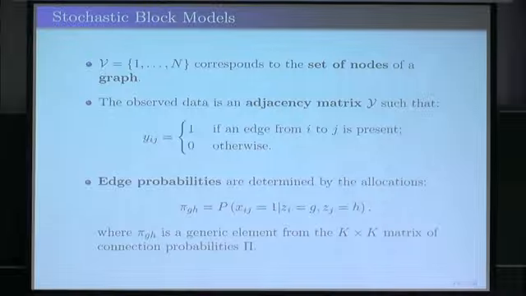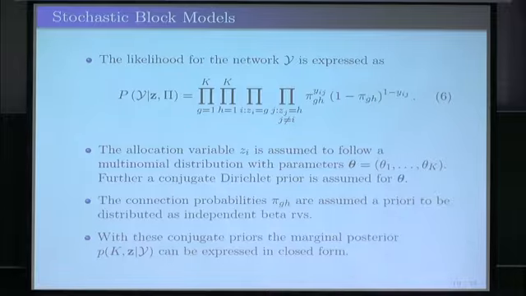Okay, right. So the likelihood of the network is then expressed in the following way. We have this Bernoulli expression here, a product over all observations for all possible group labels. And we assume that the allocation variable Z_i follows a multinomial distribution, and we put a conjugate Dirichlet prior on it.